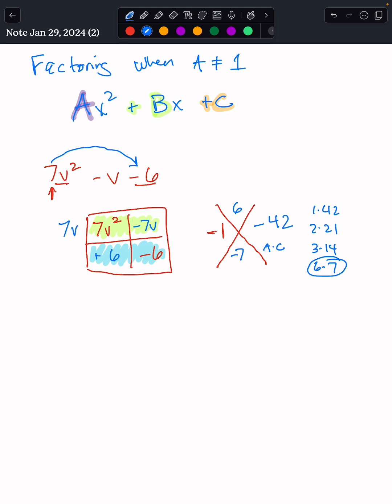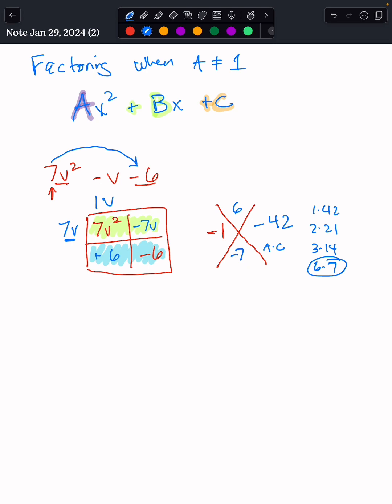Okay? Now that we have the 7v out there, we have to figure out 7v times what made 7v squared. And the only thing that would make that work is 1v. Do you have to put the 1? Not necessarily. But 7 times 1 is 7. V times v is v squared.